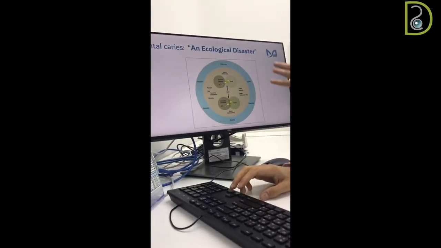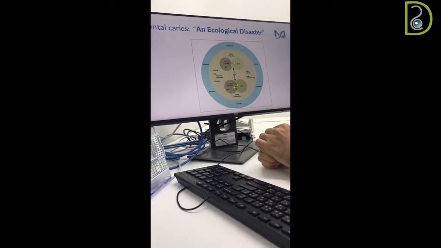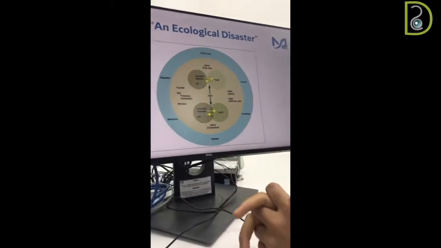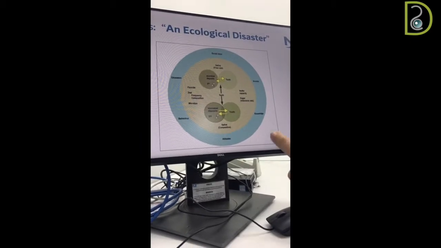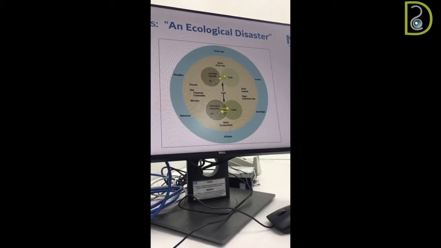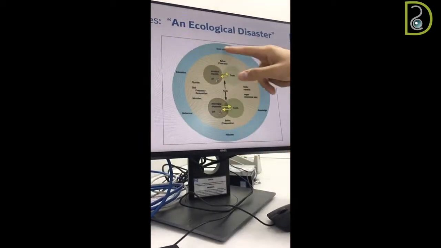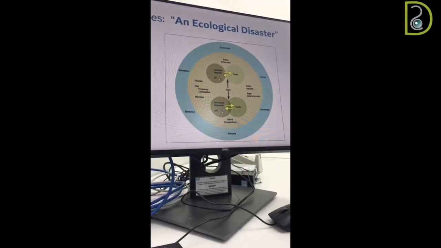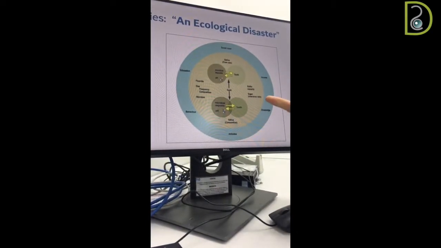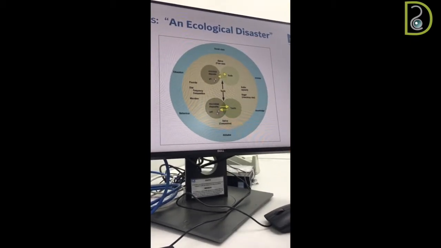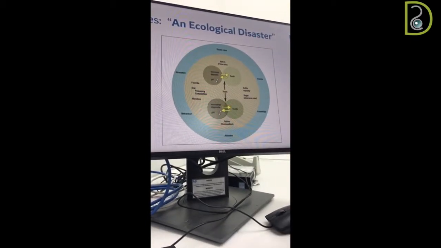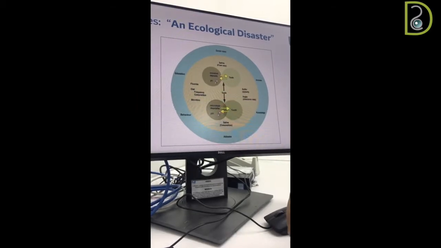Okay, let's have a look at the ecological system of dental caries. This is the updated ecological system of dental caries. Many factors have recently been included, and as you can see, one of the main factors is sugar, and you have the microbes, the diet and frequency, and fluoride.